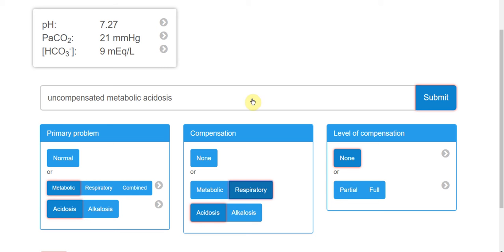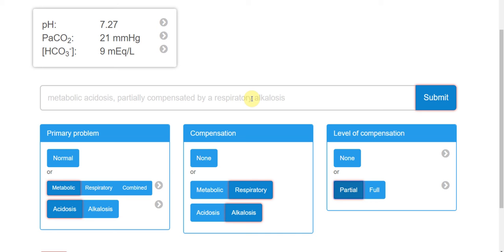So we have some level of respiratory alkalosis going on to compensate for the metabolic acidosis. It is not a full compensation though, because we are still under the normal range of 7.35 to 7.45. So we're not going to pick full, we're going to pick partial compensation.